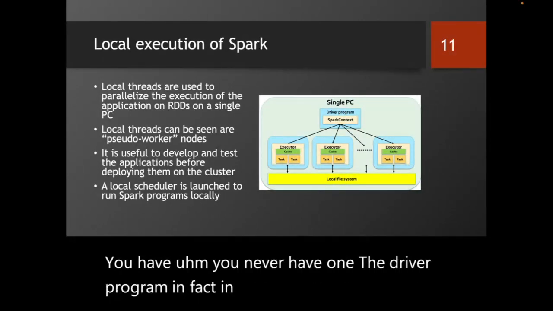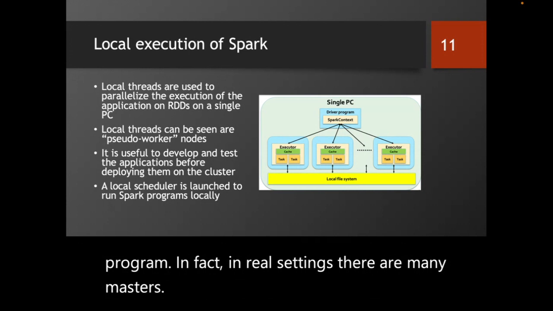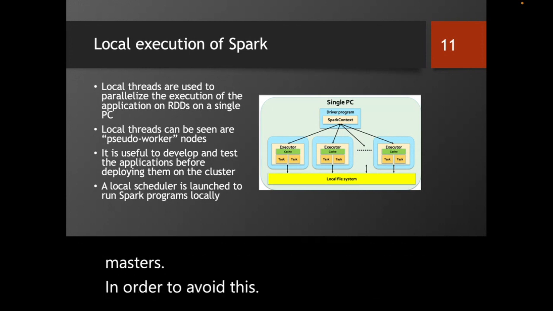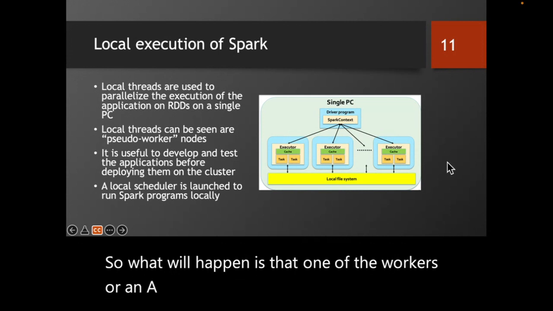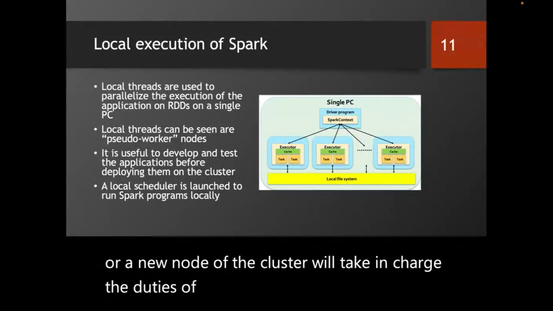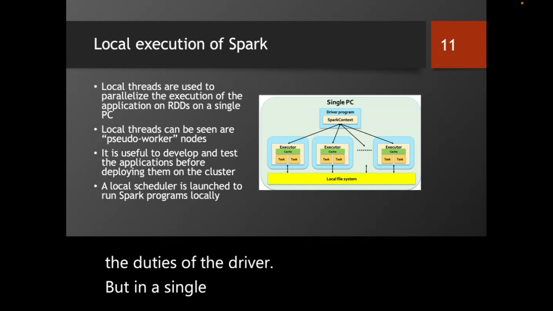In fact, in real settings, there are many masters in order to avoid this. So what will happen is that one of the workers or a new node of the cluster will take charge of the duties of the driver. But in a single PC, this doesn't work. Okay, I mean it fails.